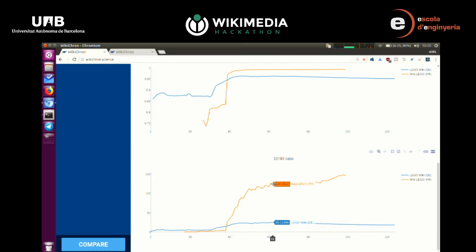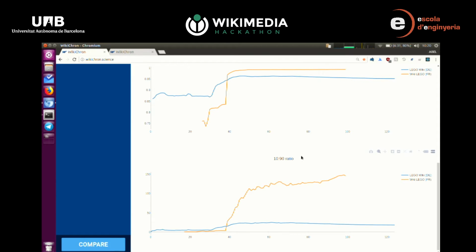Both are unequal wikis, but definitely the French one has fewer users doing much more work because they are more productive. And we can conclude with this analysis that the French wiki has fewer users, but they are more involved and doing much more work.